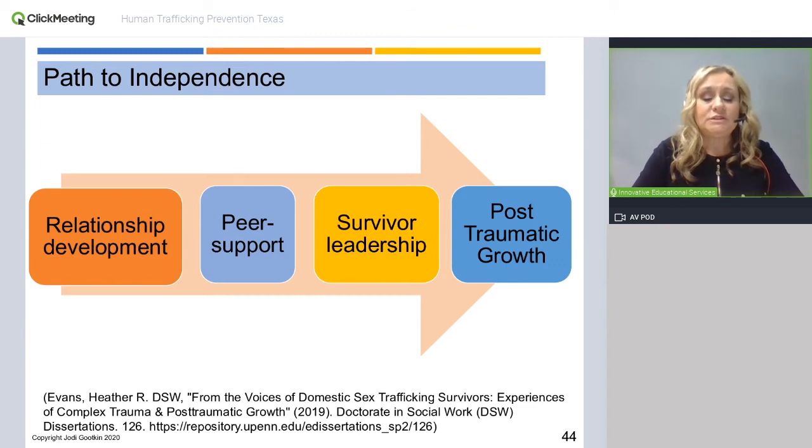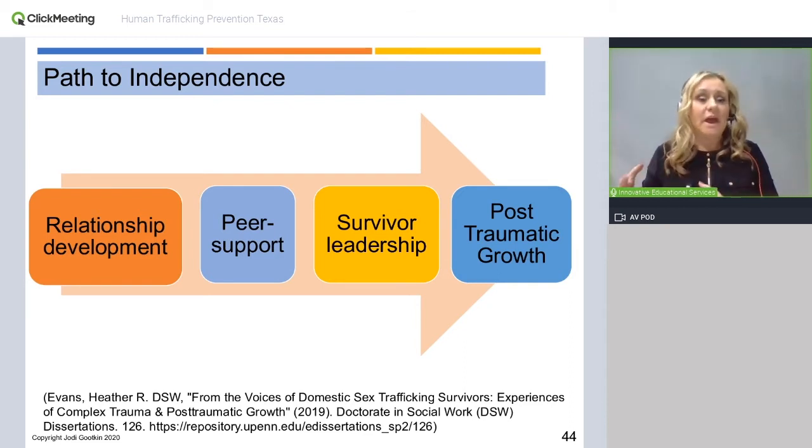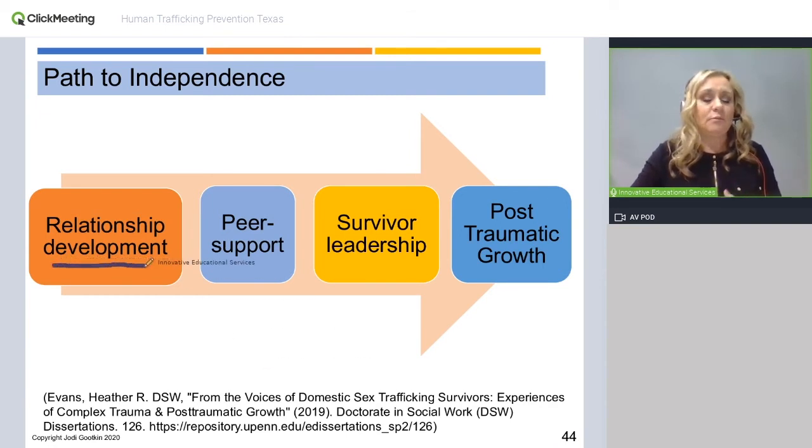I read an interesting 2019 dissertation, Voices of Domestic Sex Trafficking Survivors, and it outlined in depth the different components of the successful path to independence. Relationship development is an important component to combat the social isolation the individual has previously experienced.